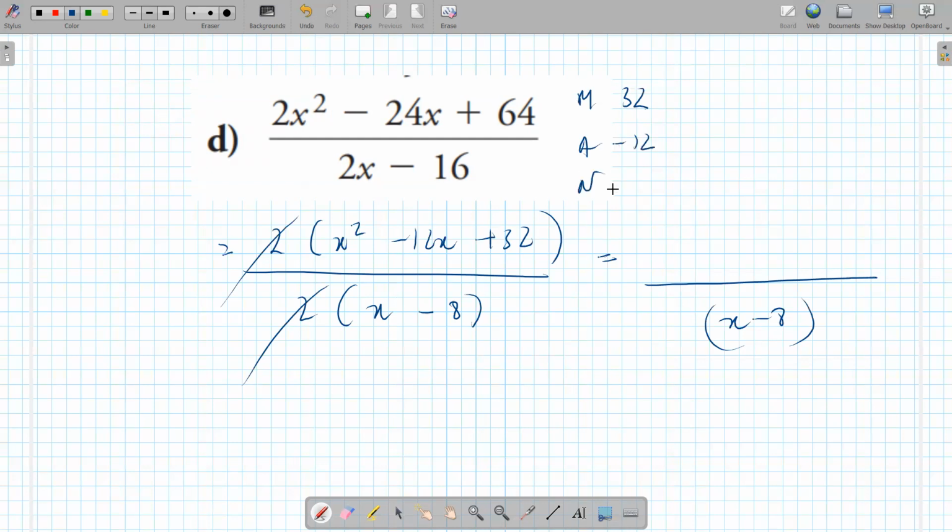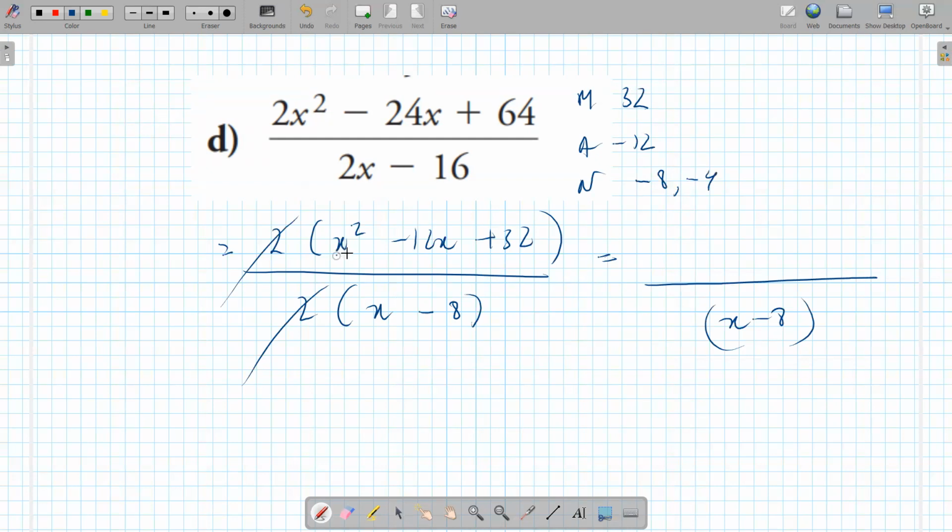What are the numbers? One of them is negative 8, and negative 4. Yeah, negative 4.